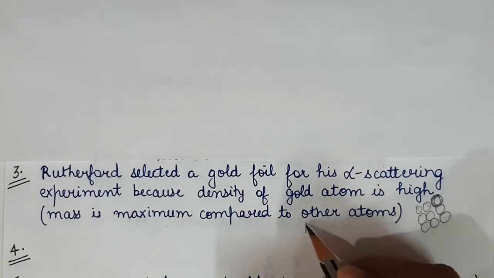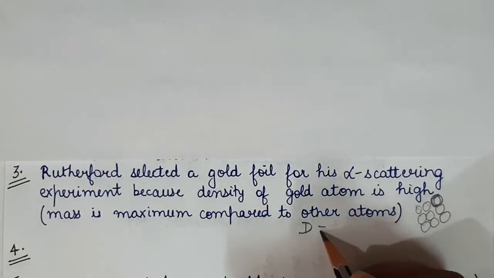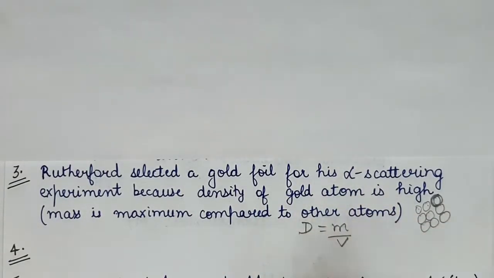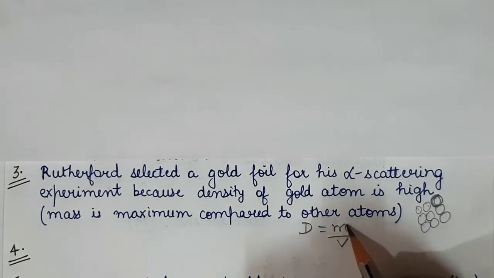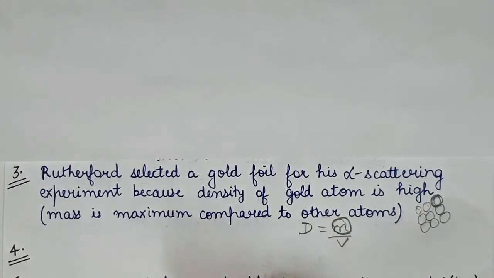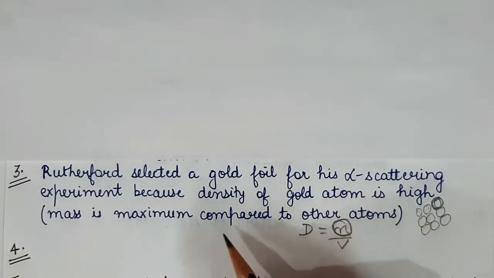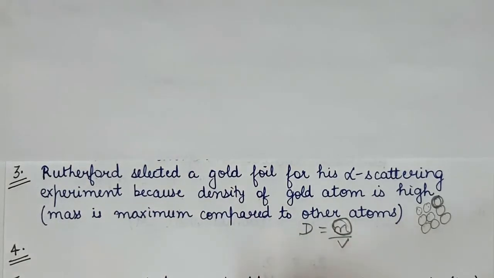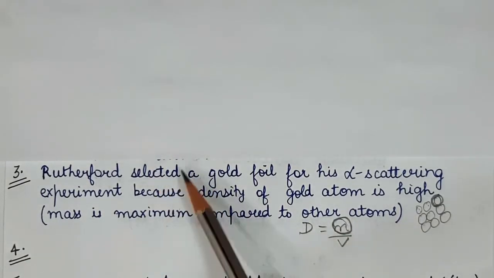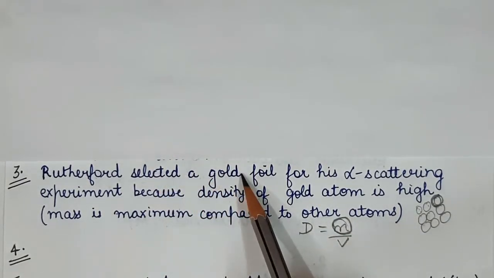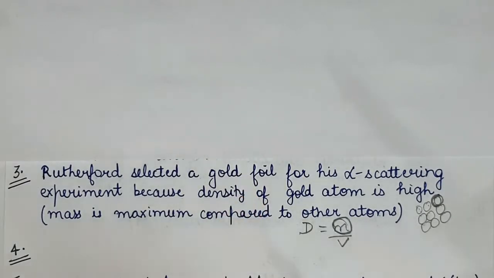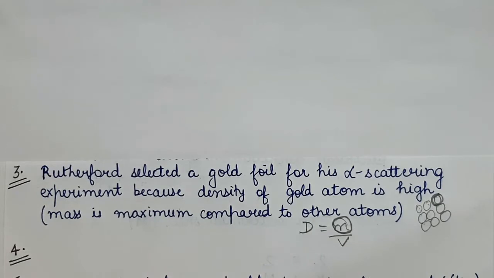What is the formula of density? Mass upon volume. So in other words, the mass of the gold atom was maximum as compared to the other atoms. So that's why Rutherford selected a gold foil for his alpha scattering experiment. Clear, students?